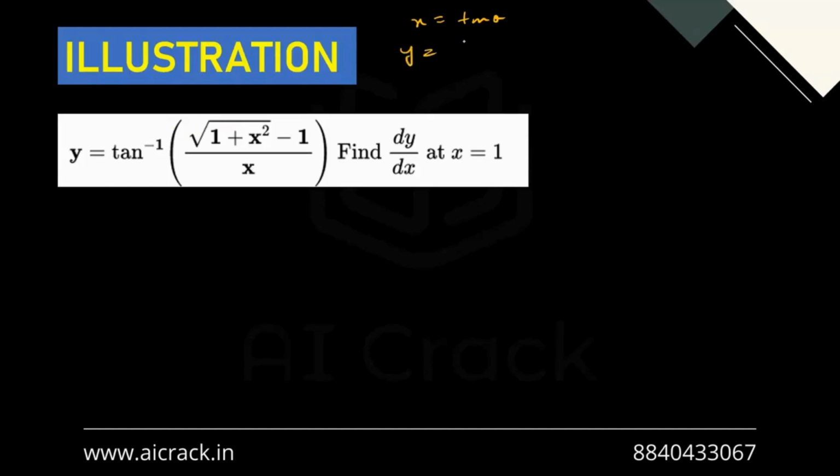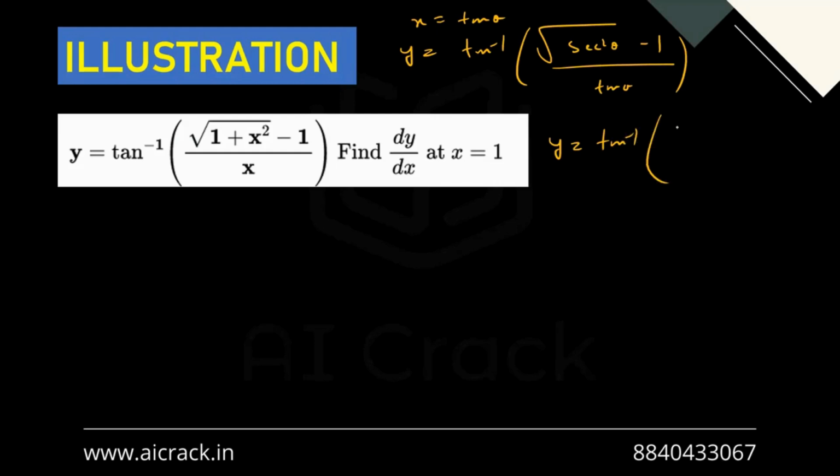So we have y equals tan inverse of under root 1 plus tan square theta, or I can directly write it as under root sec square theta minus 1 divided by tan theta, right? Now this becomes y equals tan inverse of modulus of sec theta minus 1 divided by tan theta. Why modulus? Because anything under root or having square comes out as modulus, because under root is always positive, right?